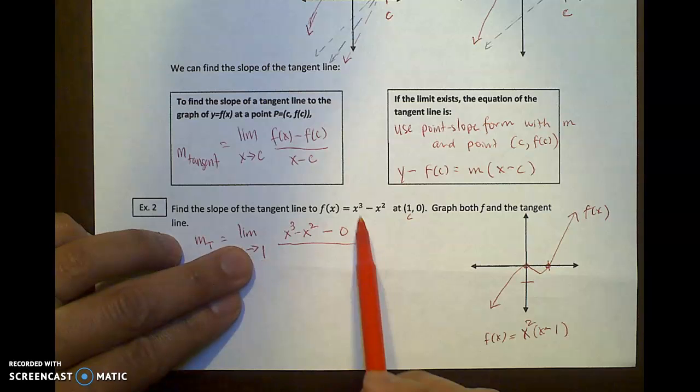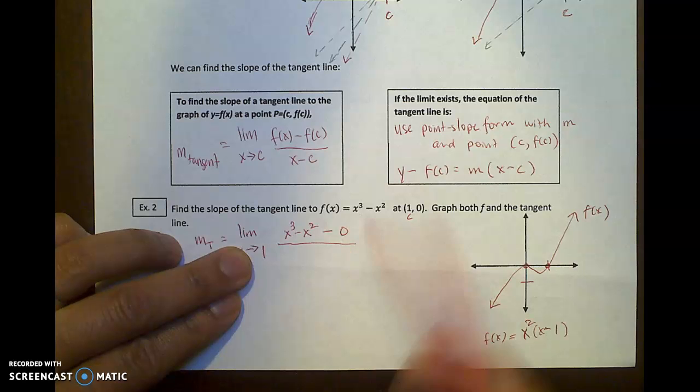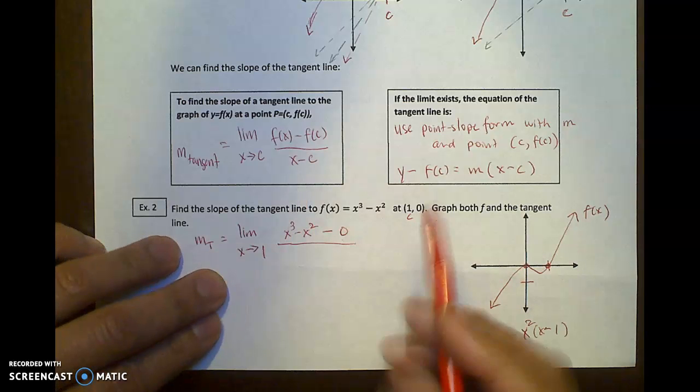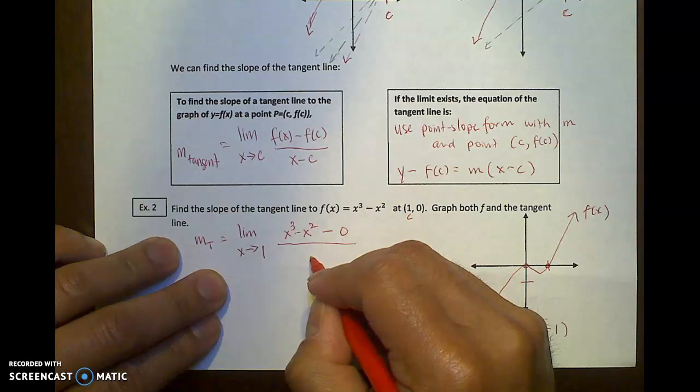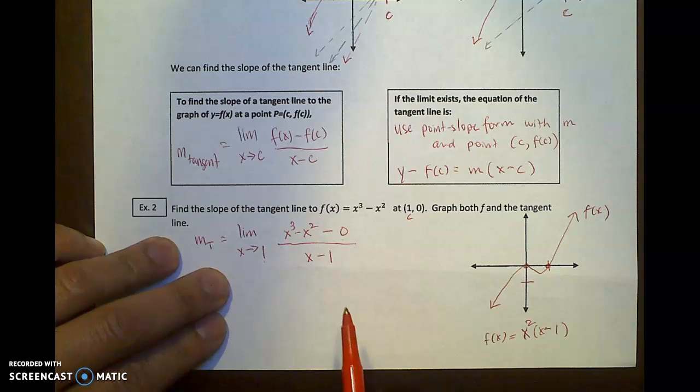I plugged 1 in for x, and this is the output. All over x minus c, so x minus 1, where 1 is our c value.